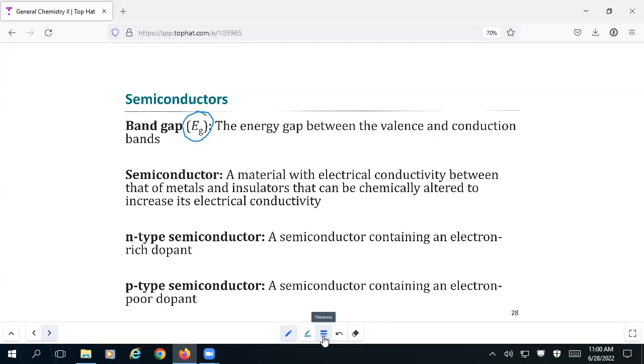There's also a p-type semiconductor. A p-type semiconductor does the opposite thing. We introduce an electron poor substance, and that substance has a lower conduction band, so it's easier for the electrons to jump across as a result.